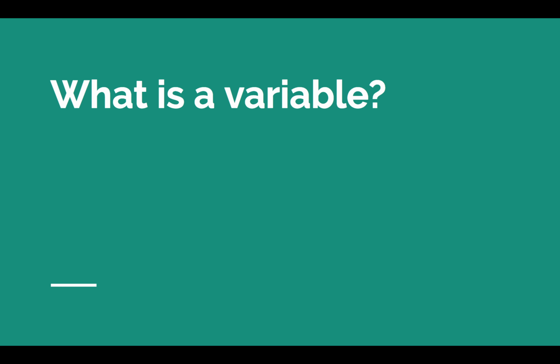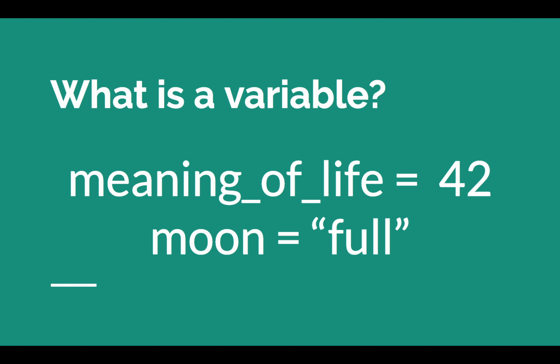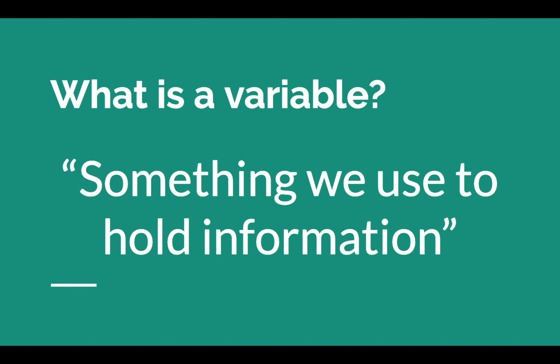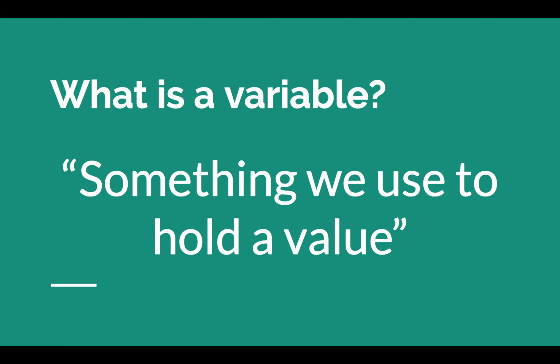So let's start with the basics of programming. What is a variable? So on the screen here we can see meaning of life is 42 and moon is full. A variable is the meaning of life and it is moon. And basically a variable is something we use to hold information. Or if you want to get technical about it, it's something we use to hold a value.